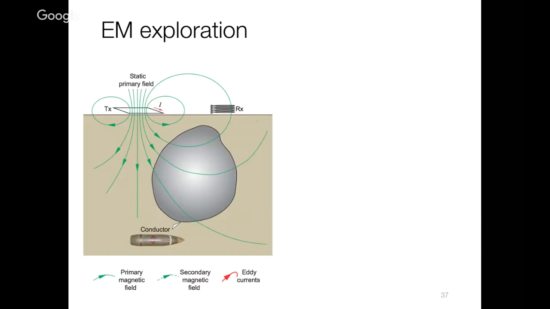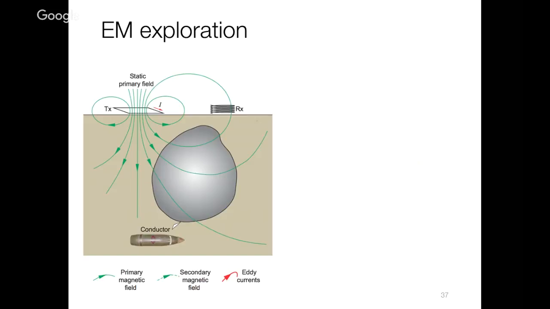DC resistivity depends on electric conductivity, but there's another whole suite of geophysical surveys which makes use of something called electromagnetic induction. This is the process by which we have a time varying current.